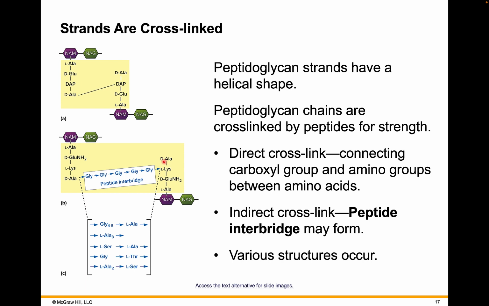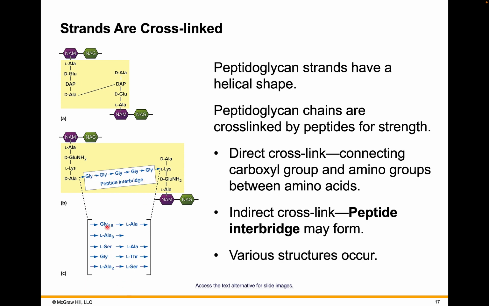See that this side chain is the same thing. It still contains 4 amino acids, but just a little bit different amino acids. And they are connected with this pentaglycine interbridge. You have 1, 2, 3, 4, 5. So pentaglycine bridge. This is another kind of cross-linking that is actually found.